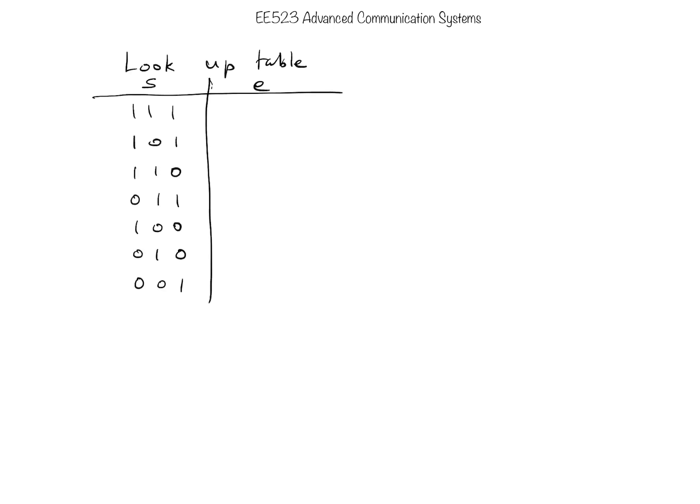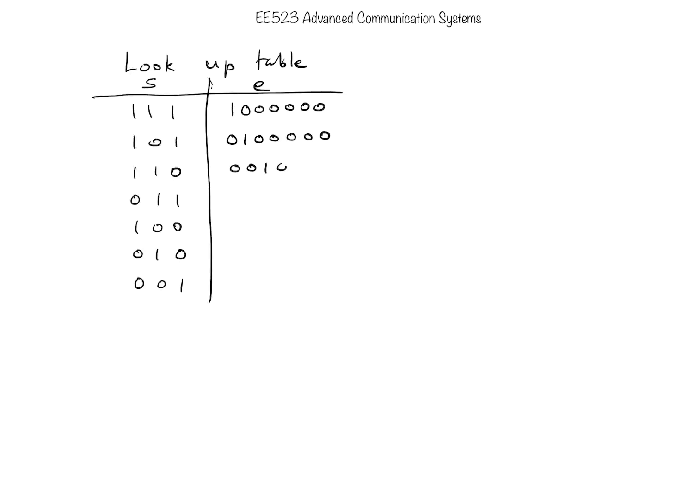The error vector, if it is 1 1 1, it is the first row of the parity check matrix, so it has a 1 in the first position, and the remaining 6 positions would be zeros. Similarly, for the second row, it is a 1 in the second position, and all the others would be 0.